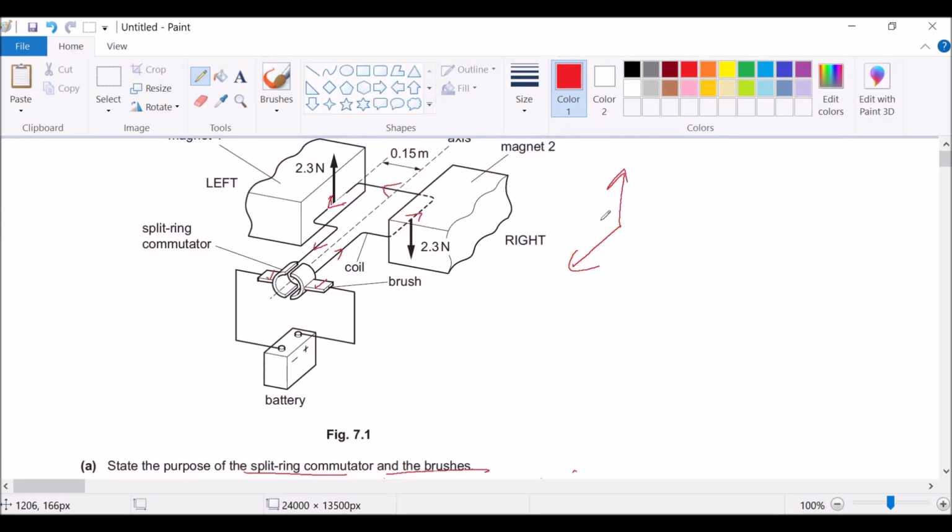So holding our left hand thumb to represent the movement, second finger to represent our current, the first finger will point in that direction. So our field, we have our north there and our south there. So that is the field direction. So we can say this one is our north and this block is our south pole.